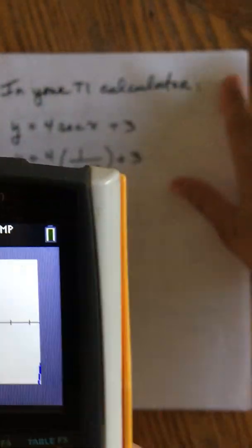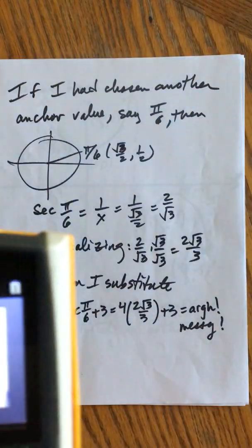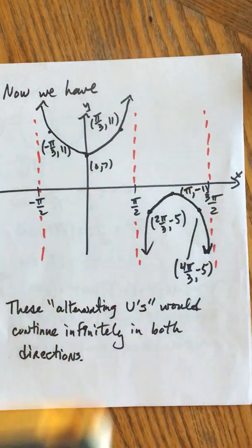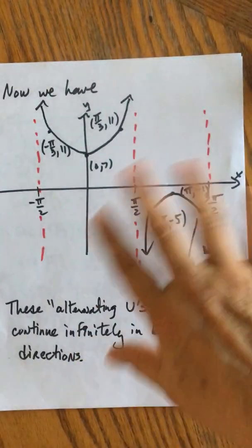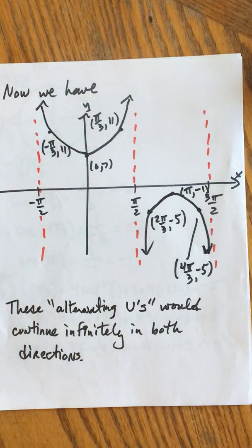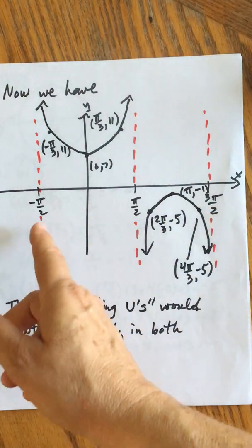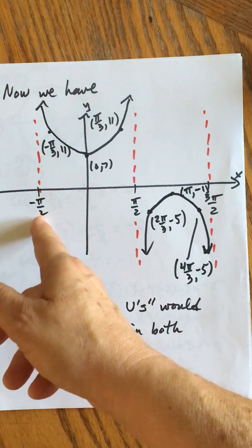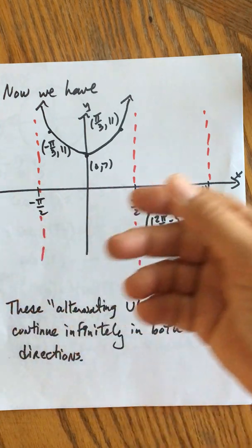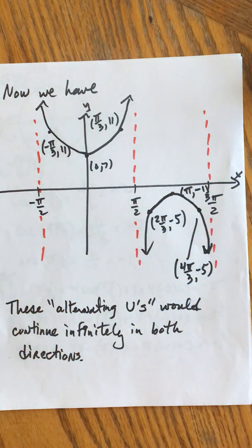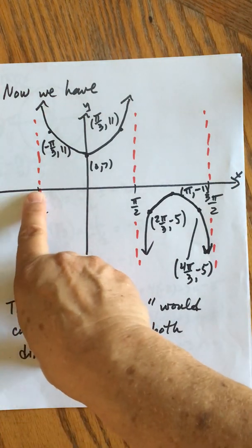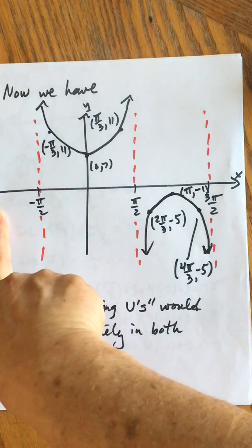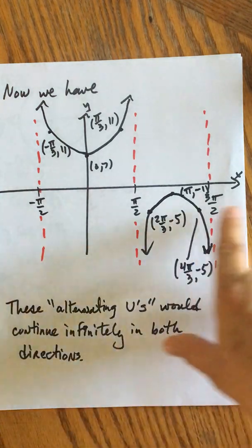What you'll see is you're missing the top because it's not in your window. So what you can do is say, okay, I'm going to go maybe from negative pi over 2, which is like negative 1.57, right? It's pi is 3.14 divided by 2, so a little over 1.5. And so I might go, let's say, negative 2 radians to positive 2 radians.